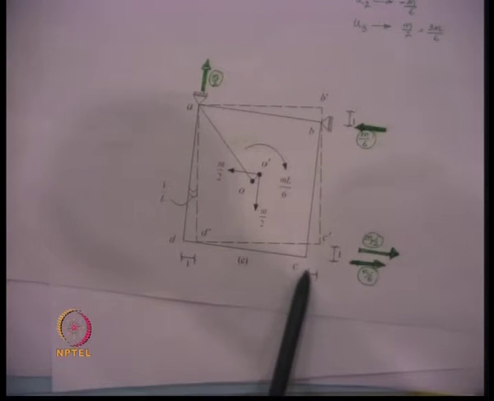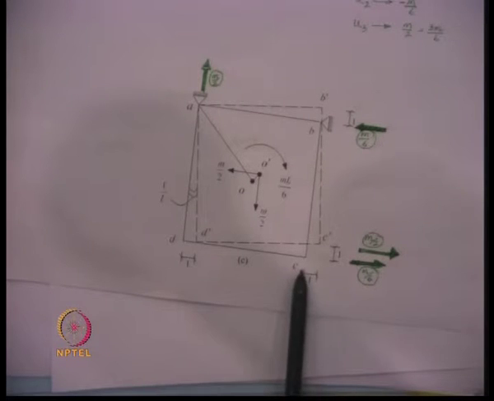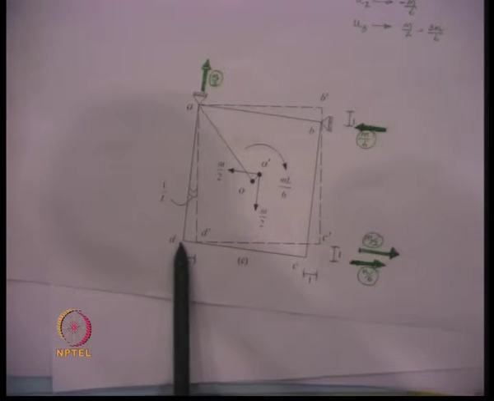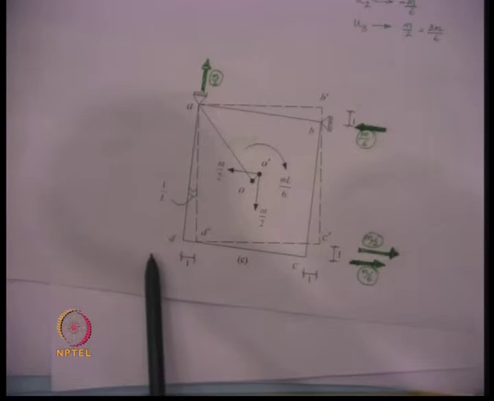There we give a release to this degree of freedom. Now, if we give a unit displacement for this degree of freedom in this direction, then point D moves to D dash perpendicular to line AD for small displacement.